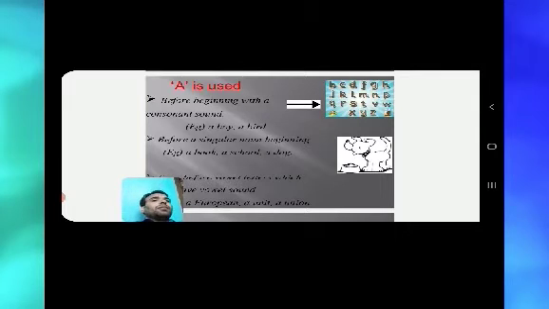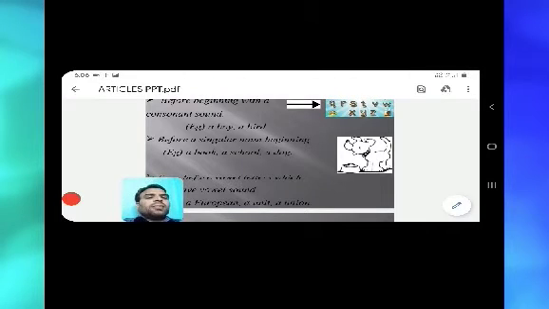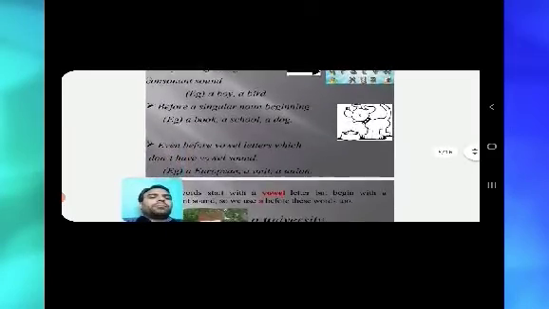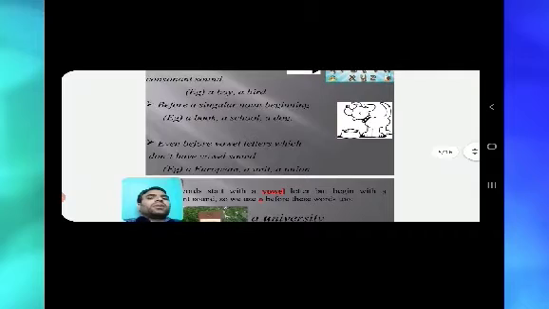We should also know that we use these articles before a singular noun, at the beginning of a singular noun. For example: a book, a school, a dog, etc.